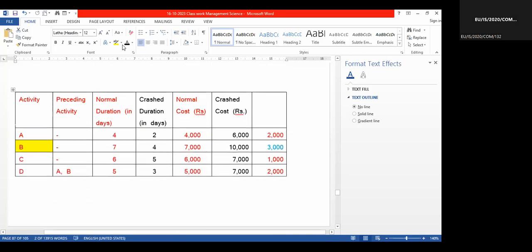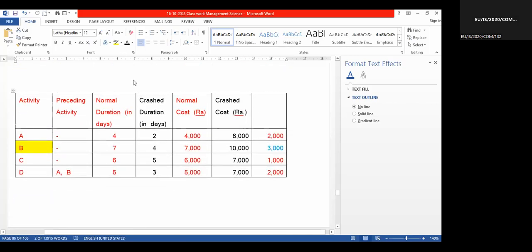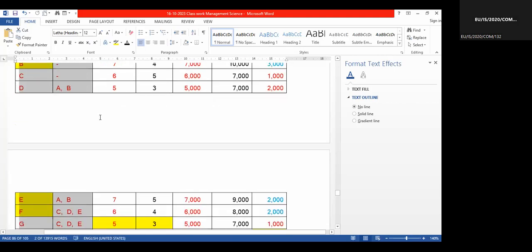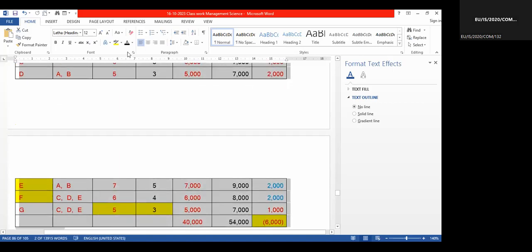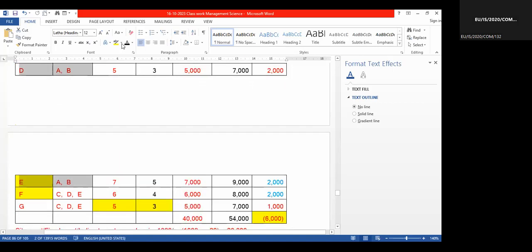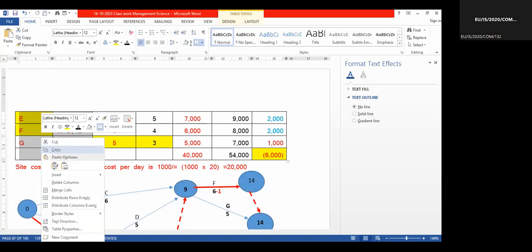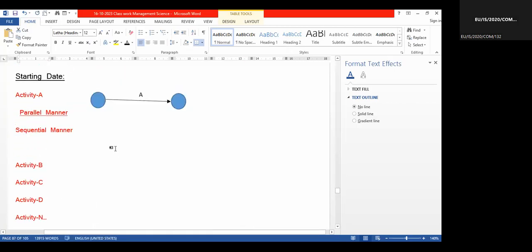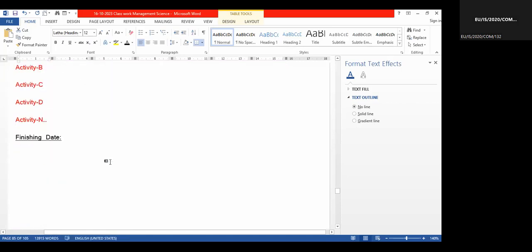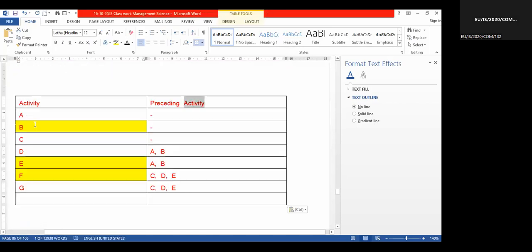Can you see this two-column table? Yes, sir. Students, yes, we have to reply. Somebody has to reply. Otherwise, we will face big trouble.